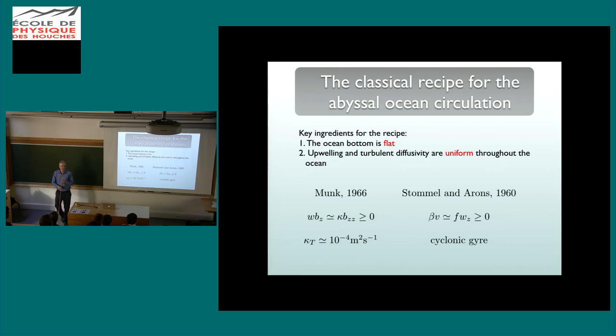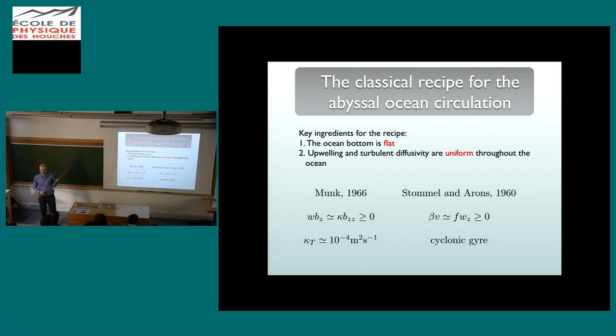So going back to what we described in the first lecture, I think it's fair to say that the key ingredients in the recipe, and I call it a recipe because Walter Munk titled his paper Abyssal Recipes, the key ingredients in the theory that had been developed had a number of assumptions that clearly were made to simplify the problem.